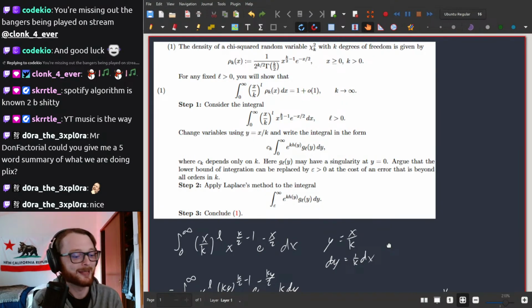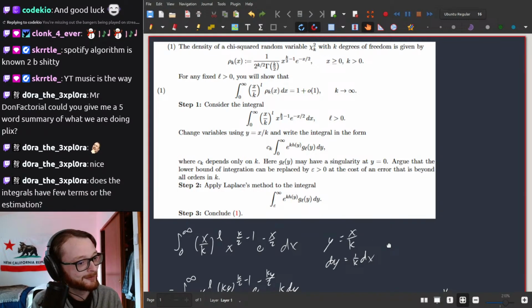Yeah, no, that's actually not a bad summary for what's happening. The estimation has few terms. The integrals themselves are just some weird thing that we don't know how to integrate directly. But using something called asymptotic analysis, you can get an idea of how the integral behaves at least.